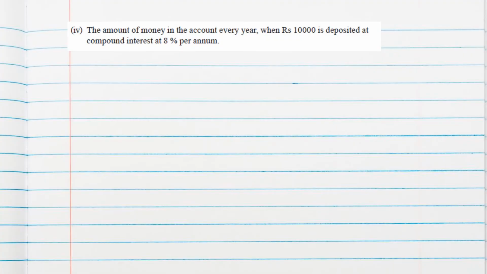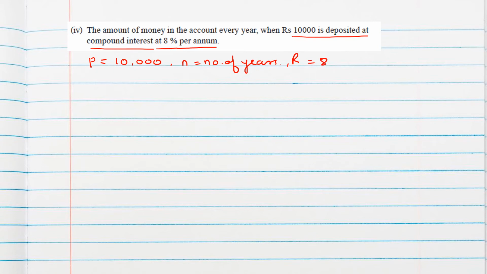Question 4. The amount of money in the account every year when rupees 10,000 is deposited at compound interest at 8% per annum. So here, if you remember the formula of compound interest from class 8, the principal amount is 10,000. N is the number of years. R is given as 8%.